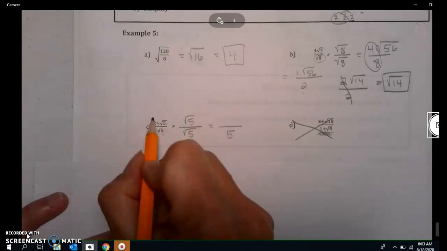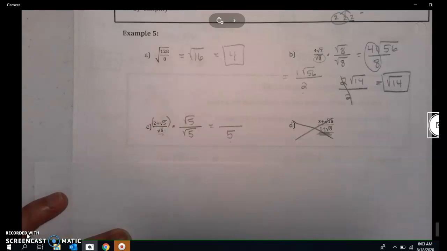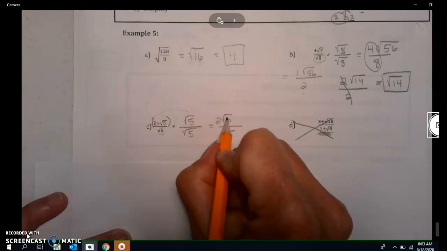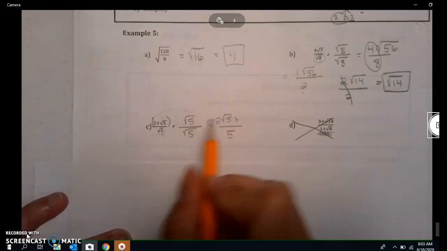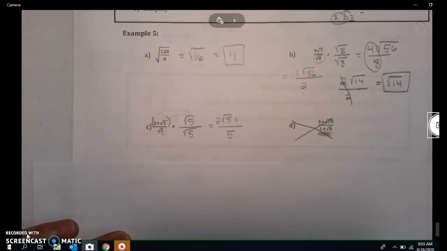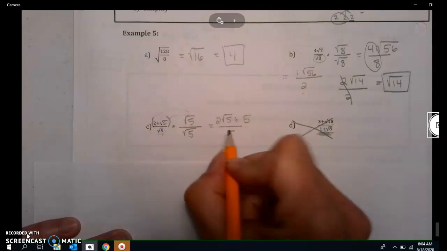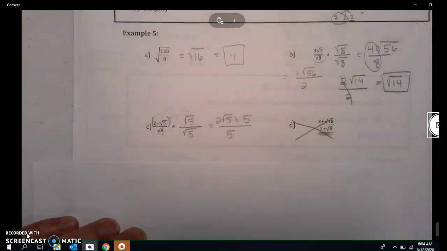Because we have this, think of it in parentheses. We have to do rad 5 times 2 is 2 rad 5, and then plus rad 5 times rad 5. Now rad 5 times rad 5 is rad 25, which is just 5. So now we look at it, we have 2 rad 5 plus 5 over 5.